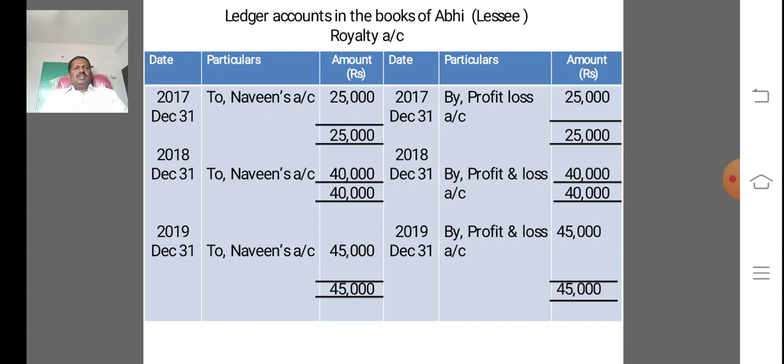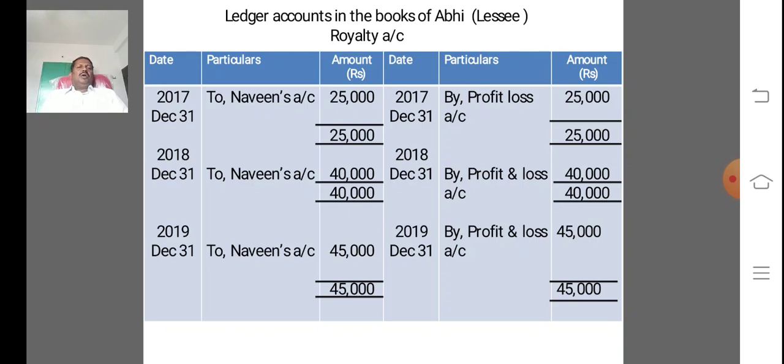In 2017, December 31st, to Naveen's account or landlord account 25,000, by profit and loss account 25,000.